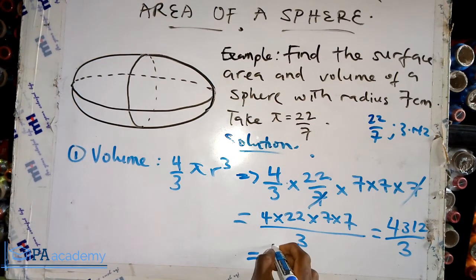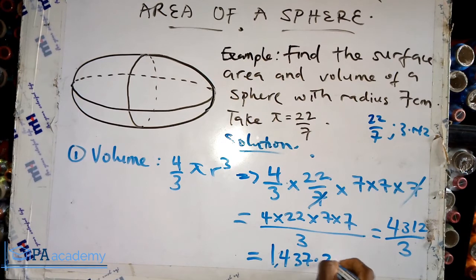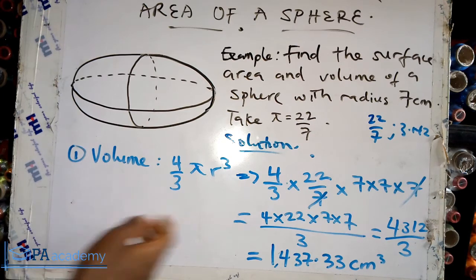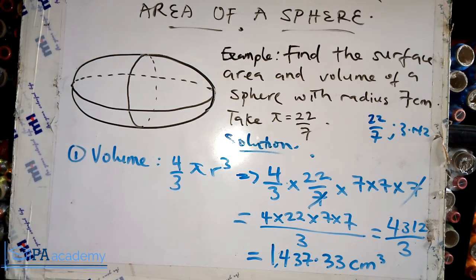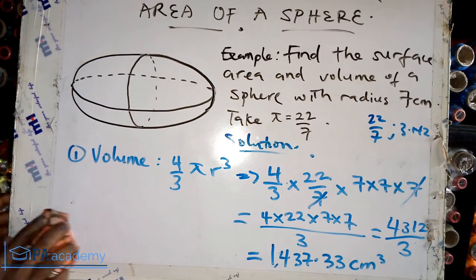So the answer is 1,437.33. Then don't forget the units, centimeter cube. We are dealing with volume, so it's in centimeter cube. So you can see it's very simple calculating the volume of the sphere. Once you're able to apply the formula 4/3 pi r cube, you will be able to get your answer. So now I want to rub it off so that I can solve for the surface area.